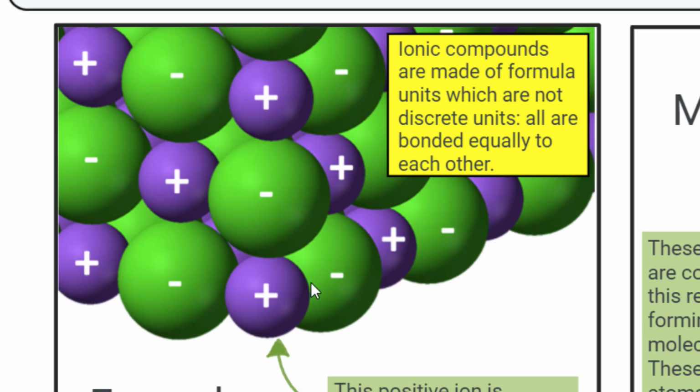All the ions are formed in a 3D regular repeating pattern. So this positive ion is attracted to the negative ion next to it just as much as another negative ion that is next to it. We can't say that these 2 ions belong to each other any more than we can say that these 2 ions belong to each other, or that these 2 ions belong to each other. They are all connected together into one large crystal structure.